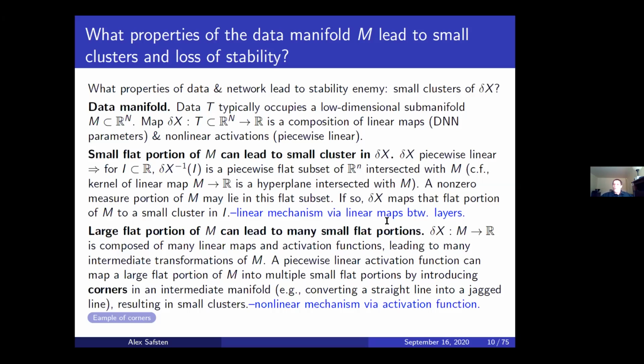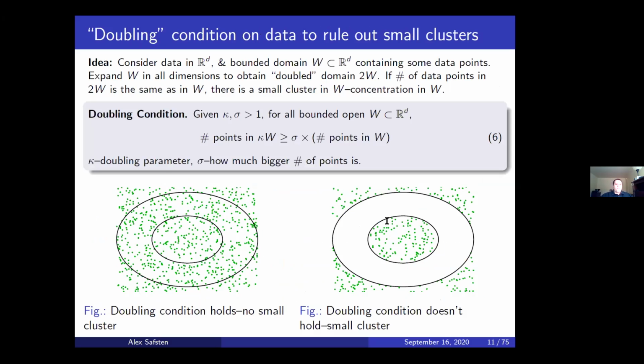So we need to rule these sources of instability out by some condition. And the condition that we will use is a doubling condition. The idea of a doubling condition is that if we have data from some space Rd and a bounded domain W in Rd that contains some of those data points, and we expand W in all dimensions, then if the new expanded or doubled domain, which we'll call 2W, contains no more data than the original domain W, then the original domain W must have contained a small cluster.